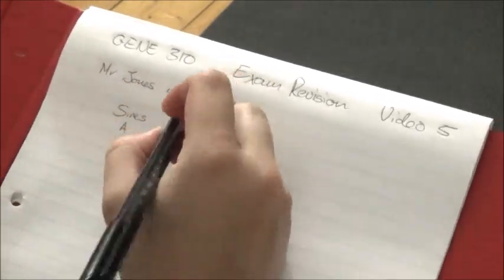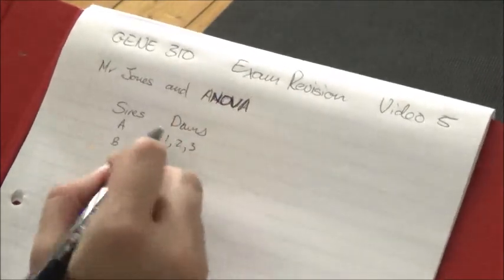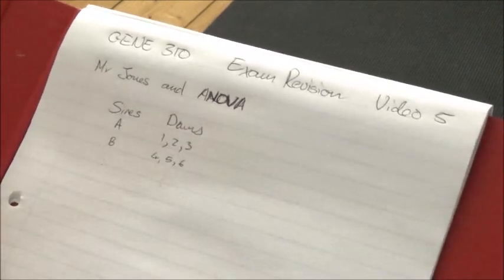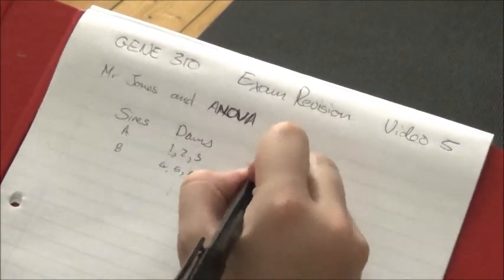Now, the first thing that you have to do is understand that you need 3 sets of values. So in the table given to you in the test, you get a column for your sires, which are A, B, etc. Your dams, 1, 2, and 3, each of which mated to that one sire, so 4, 5, 6, etc. And then the offspring values, so we'll call them piglets.